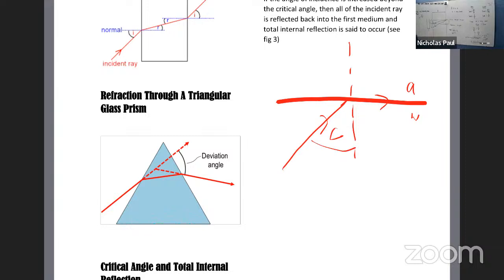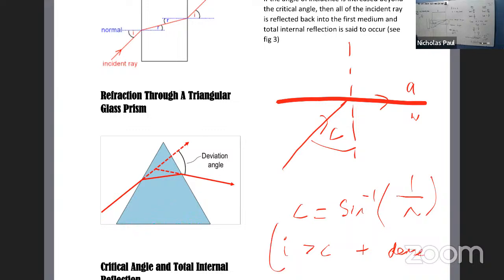How do you find the critical angle again? Sine inverse 1 over the refractive index. And what will happen if the angle of incidence is more than the critical angle and it's in the more dense medium? Total internal reflection.